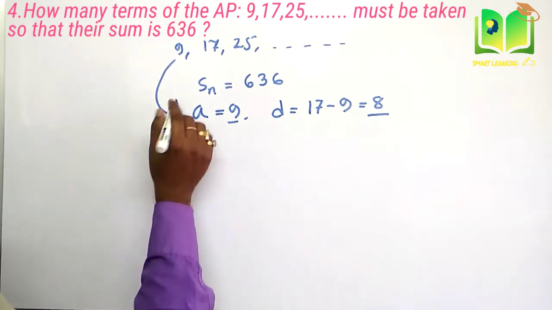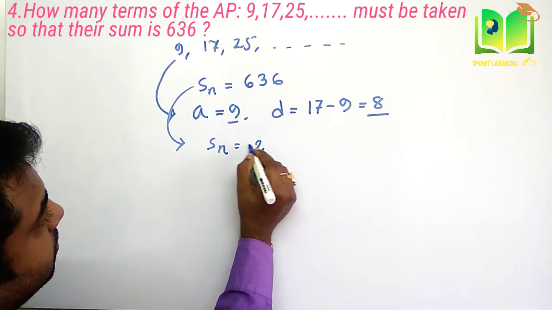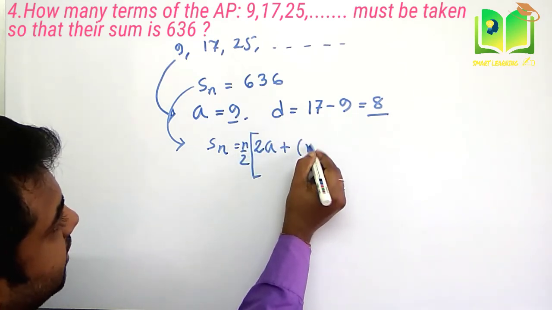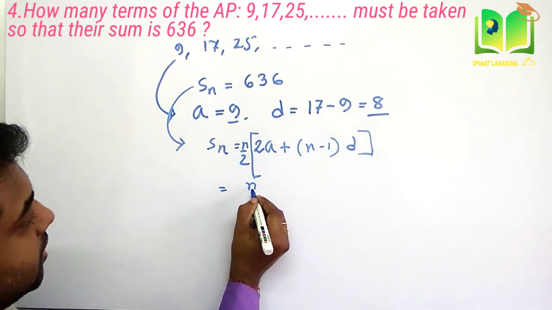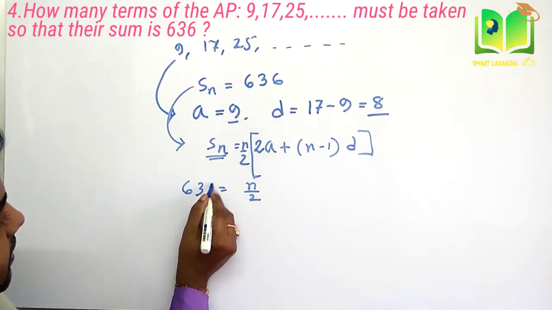And you know the formula of Sn: Sn equals n by 2 into bracket 2a plus (n minus 1) into d. Sn equals n by 2, and the value of Sn is 636. Write it here.